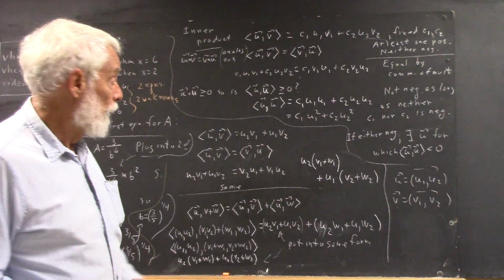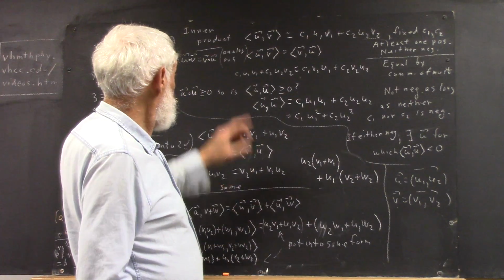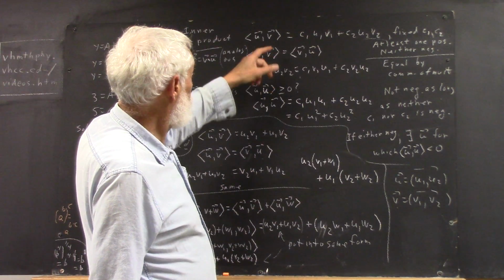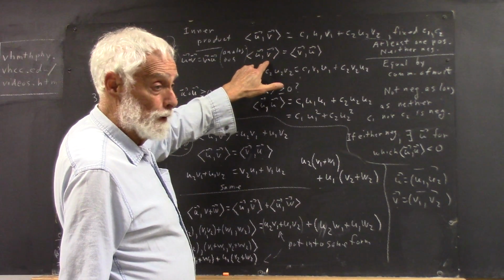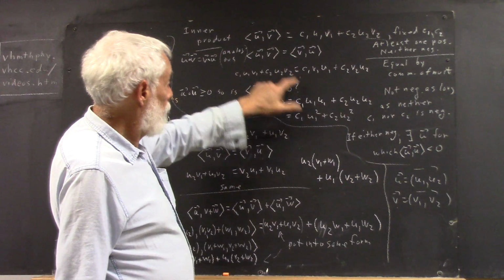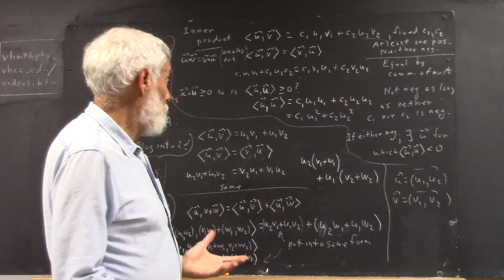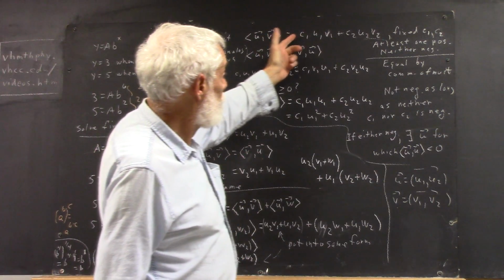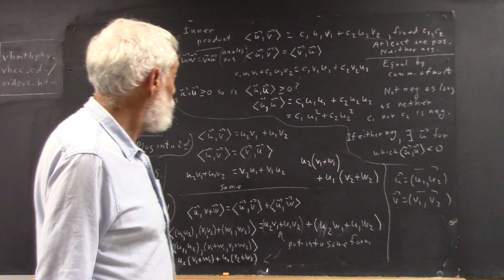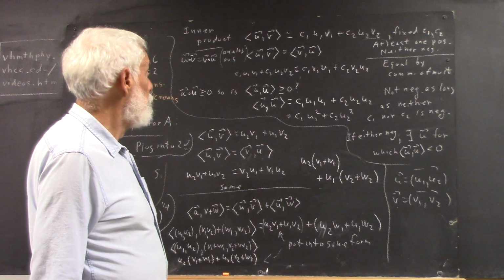And we understand why that is. The analogous property of the inner product would be that the inner product of U and V is the inner product of V and U. Can we prove that that's the case for this particular rule? Well, it's pretty easy to prove.